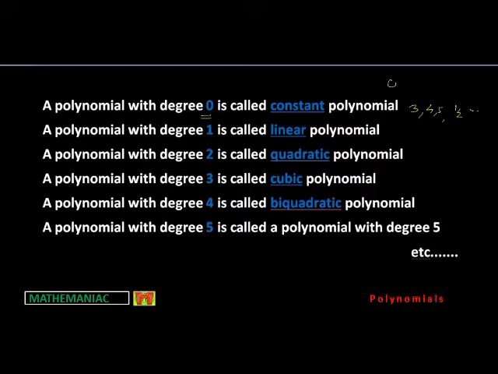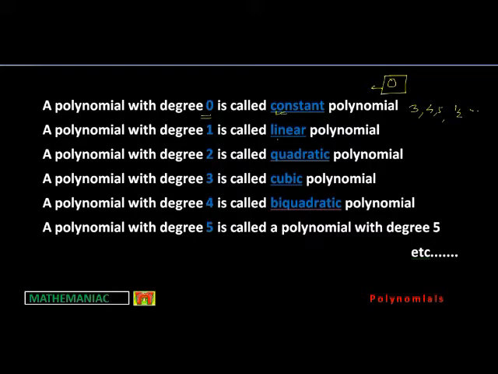But there is an exception. We do not call 0 a constant polynomial, so please mention it is excluded. This is called the zero polynomial, and for the zero polynomial the degree is not defined. That's a very important note to be marked. All other real numbers we can use as constant polynomials.